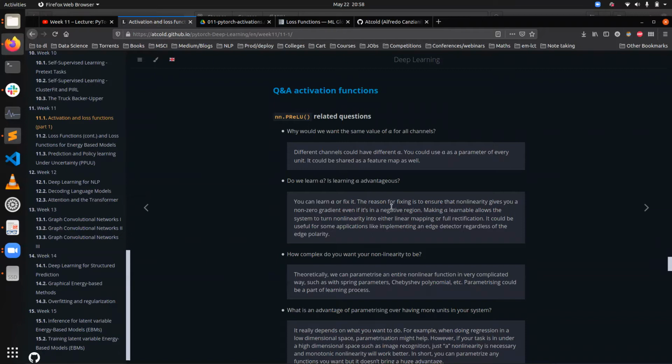I think there are advantages for both fixing it and making it learnable. For certain specific purposes, making A learnable is useful. It can learn to be a linear mapping or a full rectification. Full rectification is when you have absolute value of x. So your A can be learned to do something like that, and that is particularly useful for edge detectors.